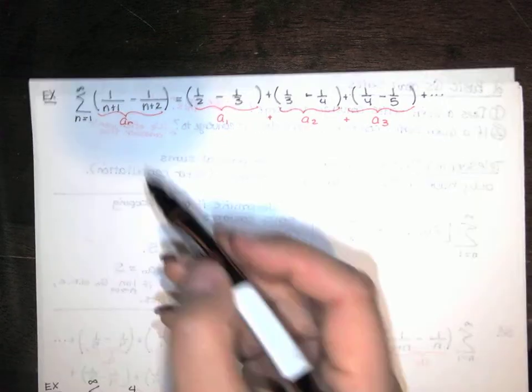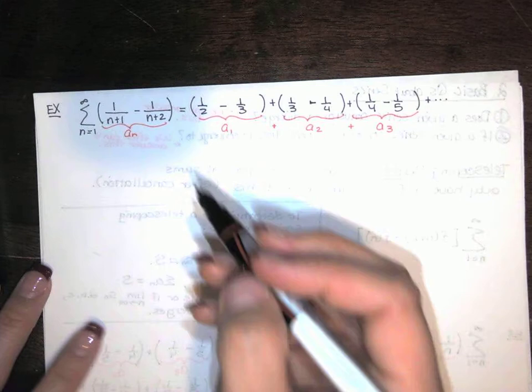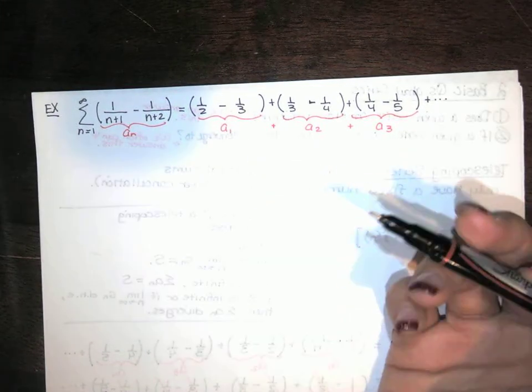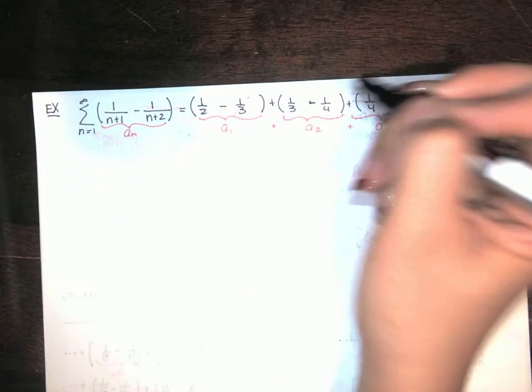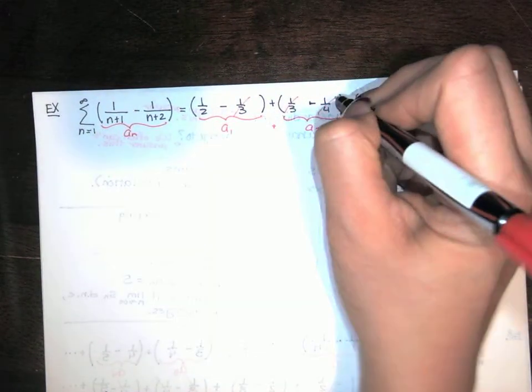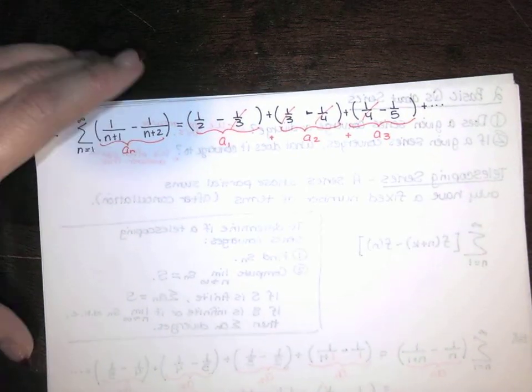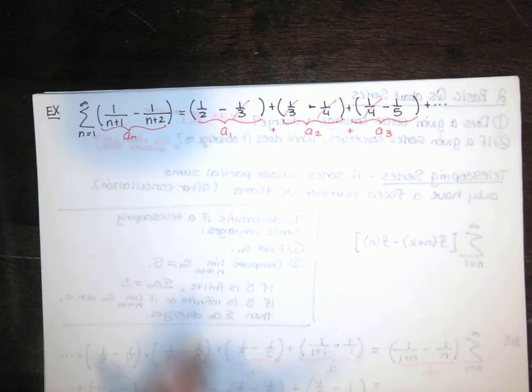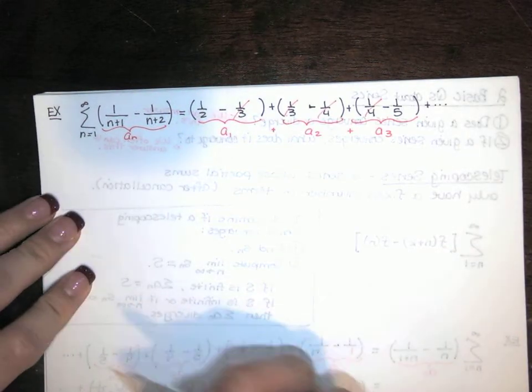I notice that it's telescoping because of this pattern at the beginning, or if I don't notice here, maybe when I expand it I see the negative 1/3 and the 1/3 reduce, the negative 1/4 and the 1/4 reduce, and so on. Now in order to determine whether this telescoping series converges or not, I'm going to find a pattern for the nth partial sum.